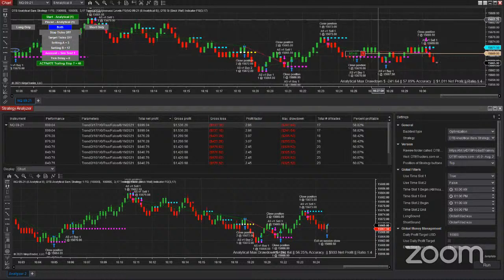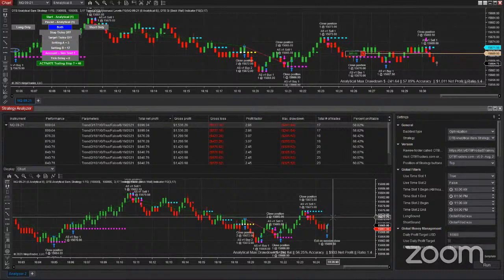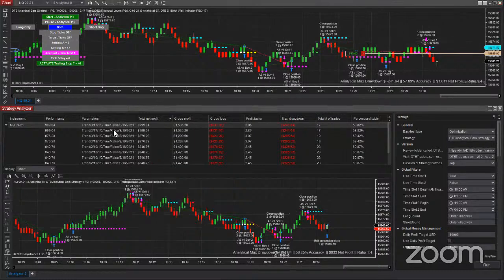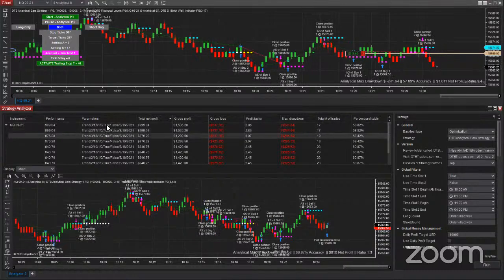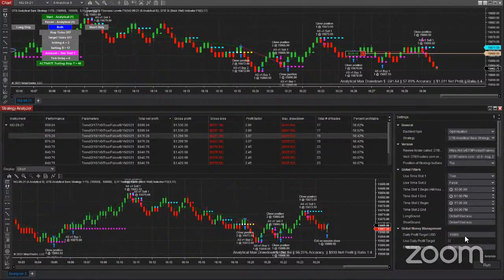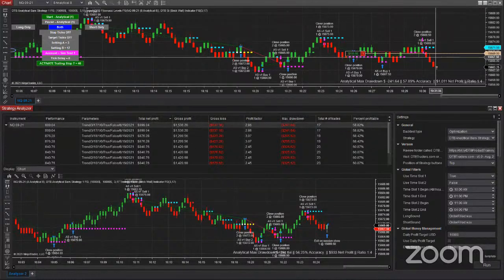If you've got $2,000 or $3,000 in your trading account and you want to make $100 a day, you keep running your analyzer and wait for the perfect time to activate your strategy. You might be here for a few hours, but finding that ideal time on the ideal settings to optimize your strategy and then activating it, you can hit that target pretty quickly.